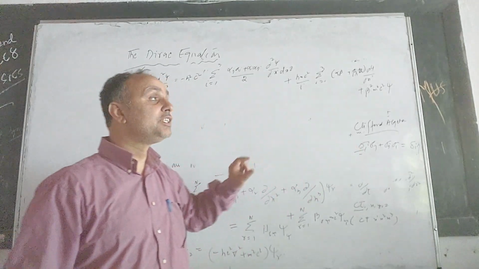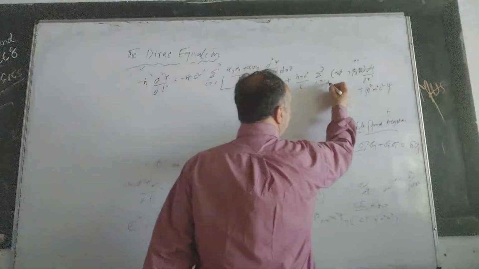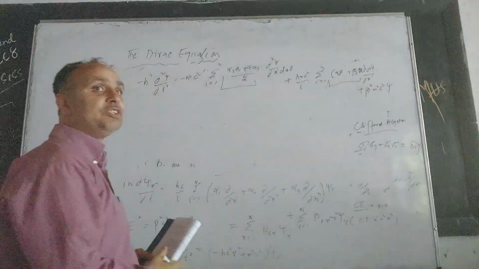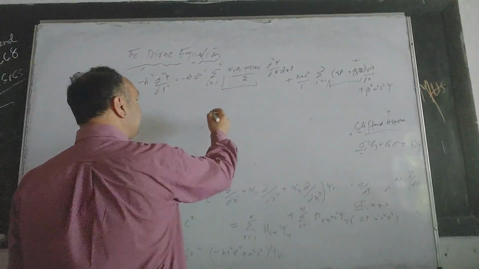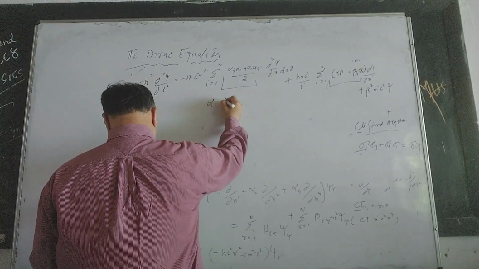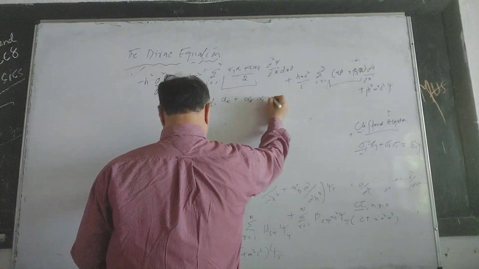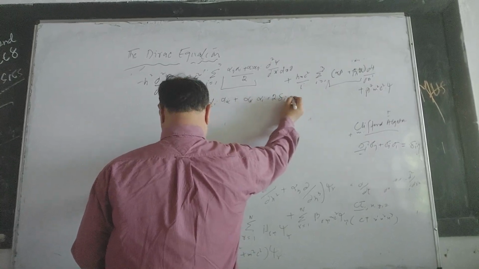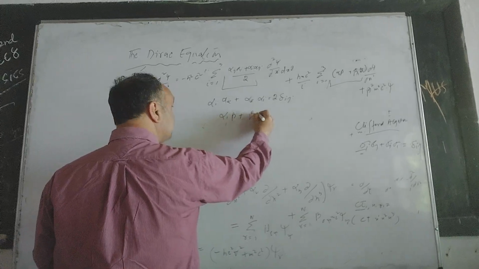So if you assume this way and make these changes, the algebra ऐसे आएगा: alpha i alpha j plus alpha j alpha i, alpha i beta plus beta alpha i.